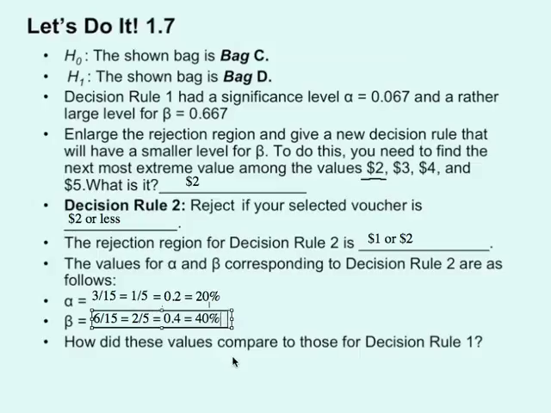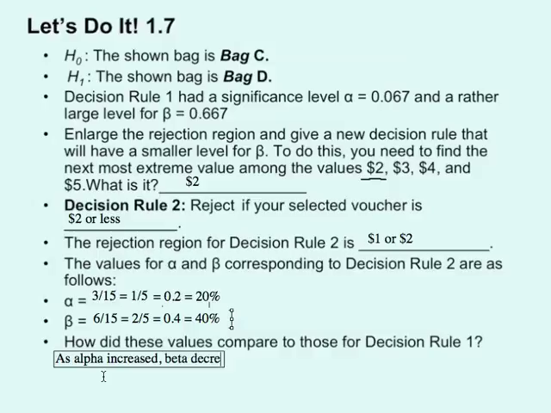So how do these values compare to decision rule 1? Well, the main thing you need to write here is that as alpha increased, beta decreased.